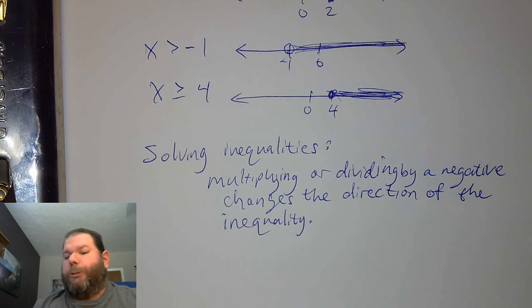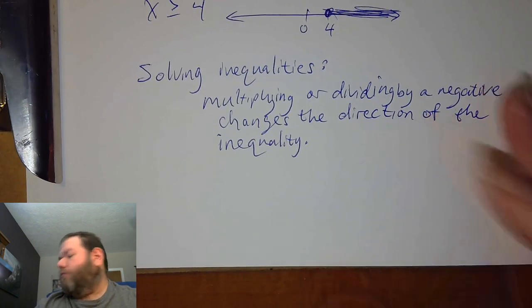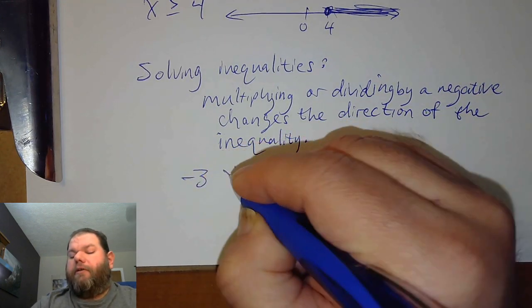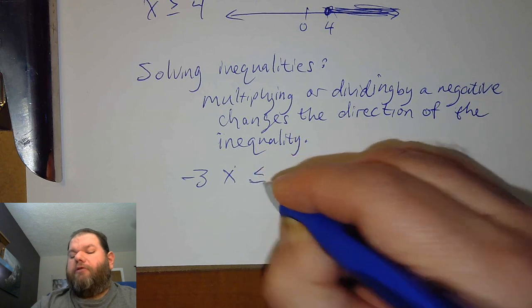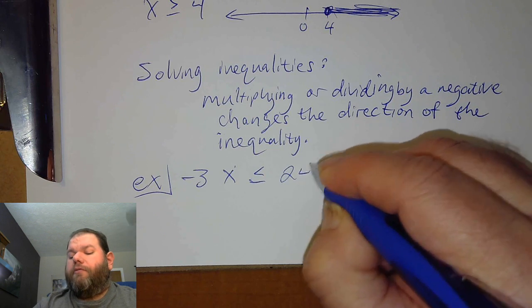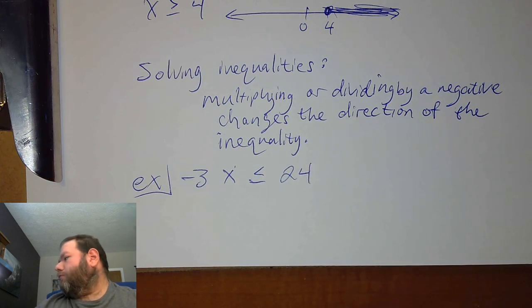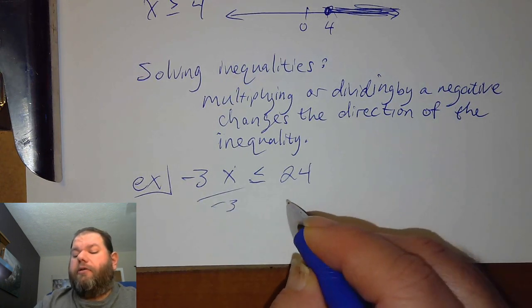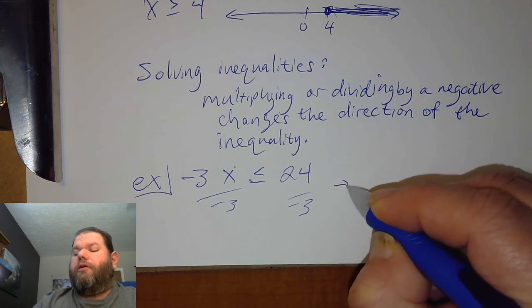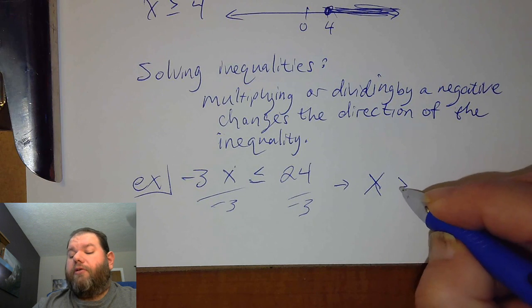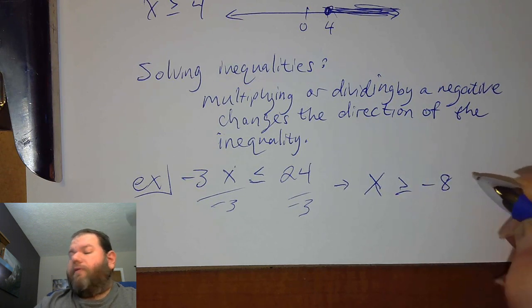So if we have something like negative 3x is less than or equal to 24, well, we would divide both sides by negative 3, naturally. And this would give us the inequality x is actually greater than or equal to negative 8.